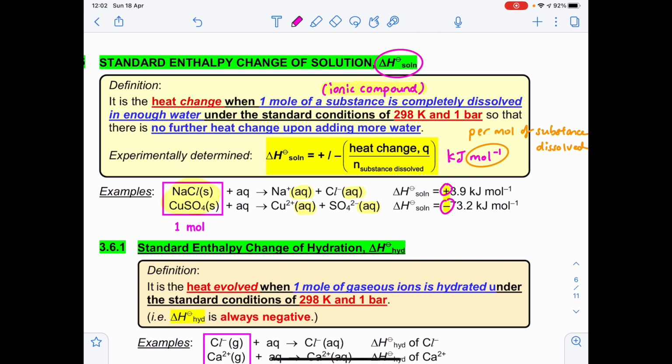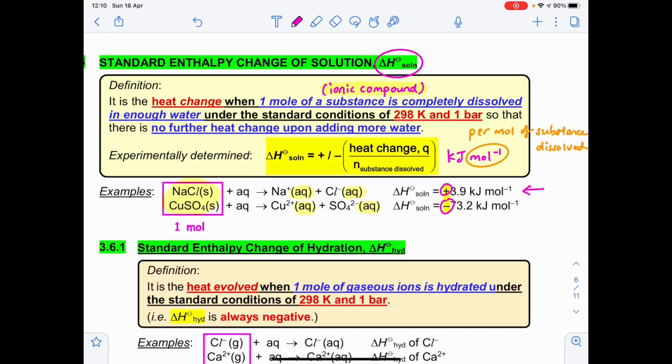A more negative enthalpy change of solution will tell you that this ionic compound is more soluble in water. Note that even though sodium chloride has a positive enthalpy change of solution, it doesn't mean that sodium chloride is insoluble in water, because we have observed that sodium chloride, which is table salt, is soluble in water.